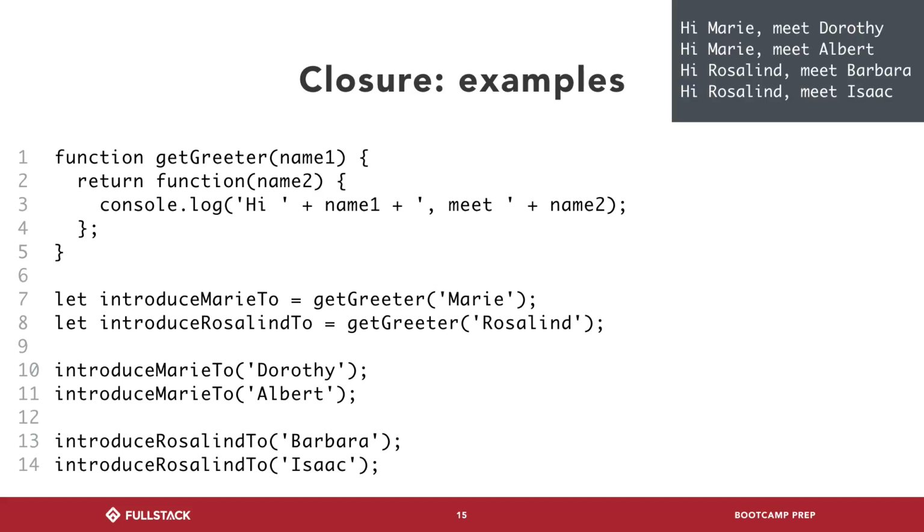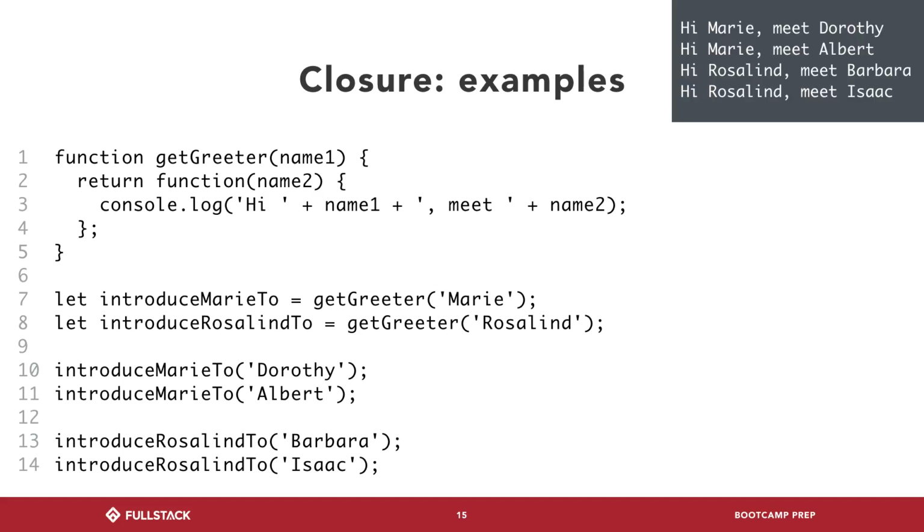So basically, introduce Marie to and introduce Rosalind to, even though these two functions do the same thing, they both have a different memory of what name1 is, right? Because when we created getGreeter on line 7, name1 is Marie. So when we return a function that becomes introduce Marie to, this function is going to permanently think of name1 as Marie.